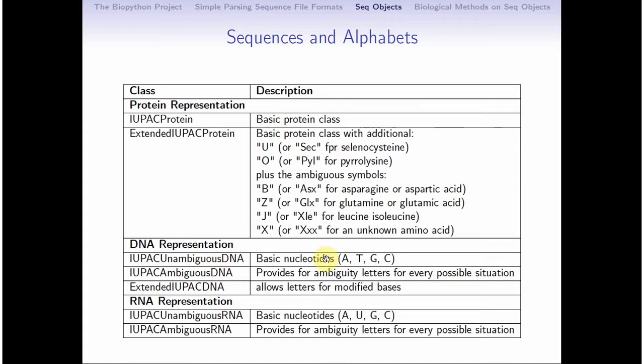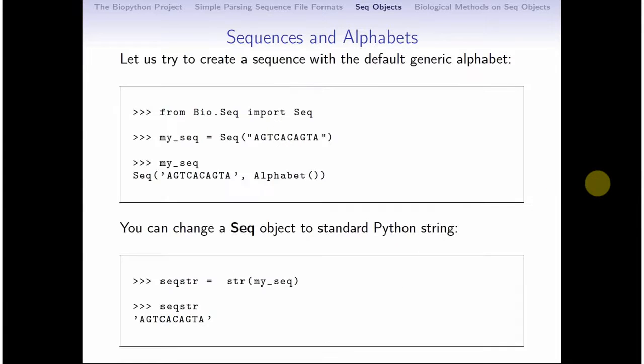Unambiguous DNA only takes in the four basic nucleotide bases, ATGC. Ambiguous allows ambiguity letters for all possible situations, so any letters outside of these four. Extended allows modified bases. RNA representation is also the same, unambiguous and ambiguous. Unambiguous is AUGC, and ambiguous means any ambiguity letter can be used. Why is this important? Later when we use the biological methods, you'll see why it is that important.